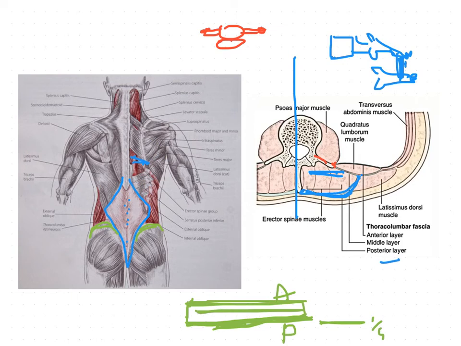In this session we have seen the attachments of all these layers on all four sides: medial, lateral, superior and inferior. So this is all about the thoracolumbar fascia.